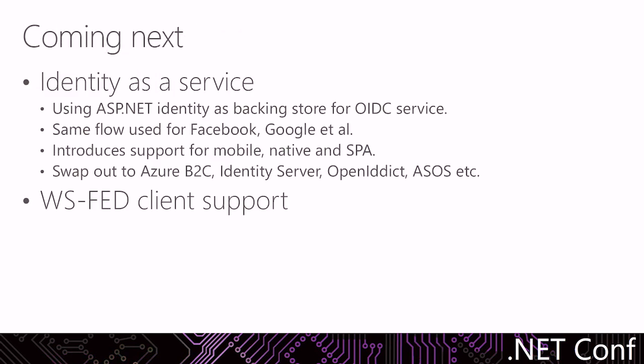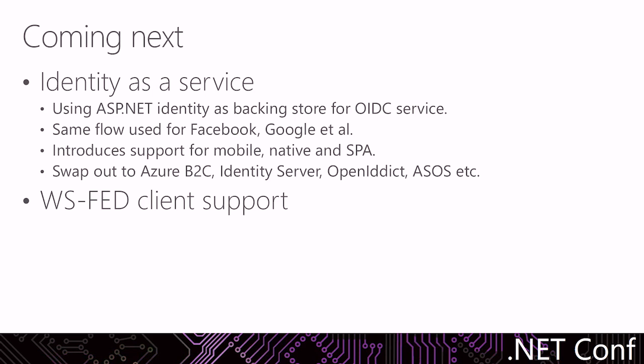What is coming next? In 2.1, we are looking at identity as a service. So I talked about OIDC, which is the standard for federated identity these days. There's been a bunch of things. We've had OpenID, we've had OpenID Connect, and we've had WS-Fed support years and years back.